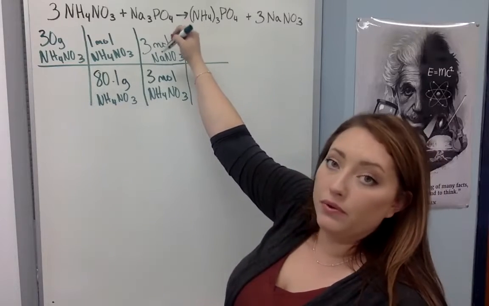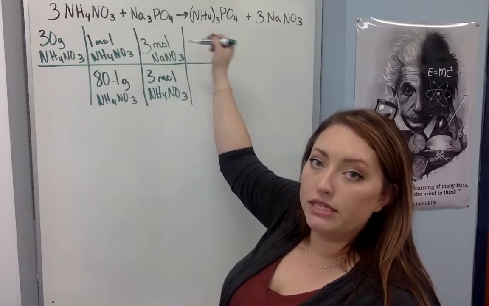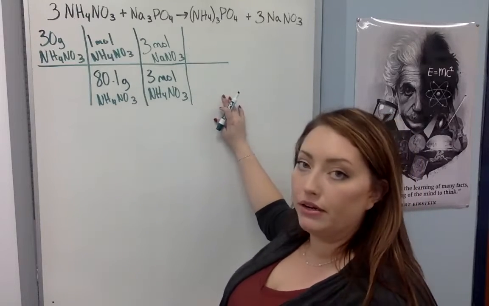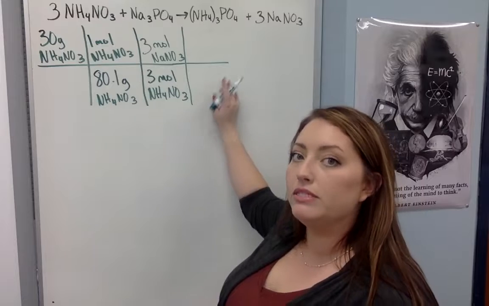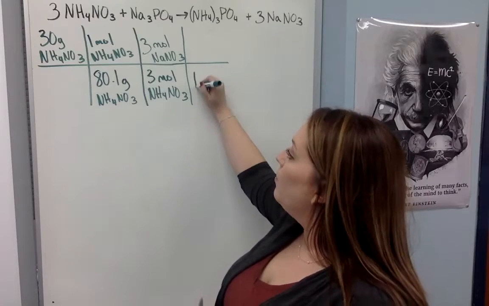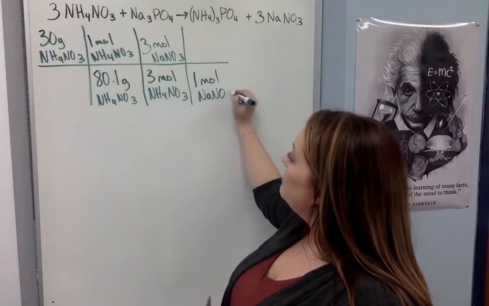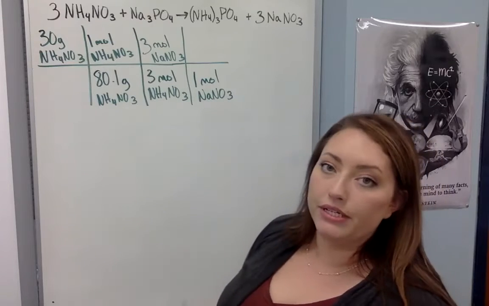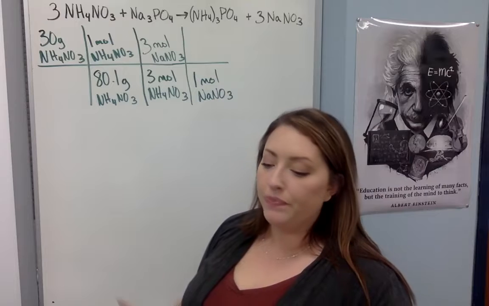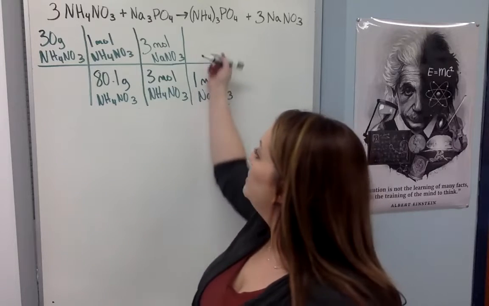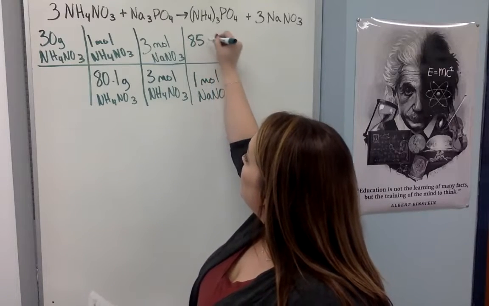So we're going to pull the units down again. So we have moles of sodium nitrate has to come down here. We know that we can convert moles into mass. So we're going to go ahead and put 1 mole of sodium nitrate. And we're going to find the mass of sodium nitrate the same way you would have found this value, which ends up being 85 grams.